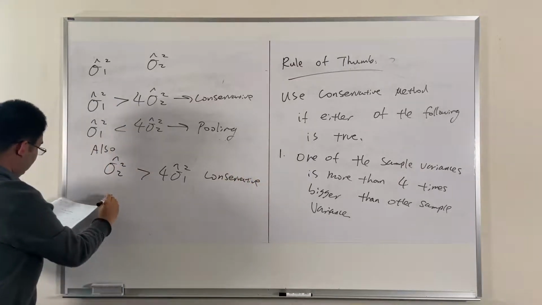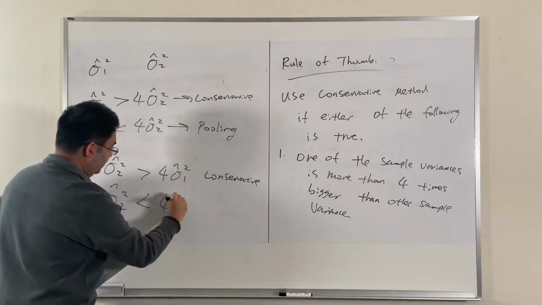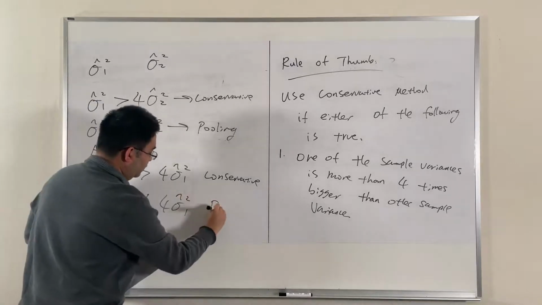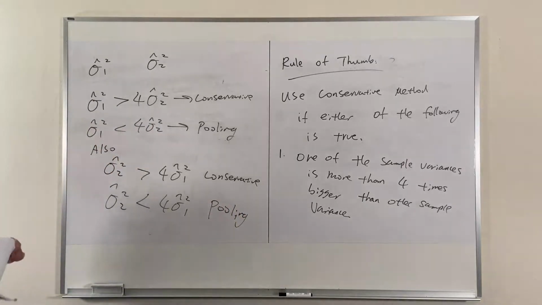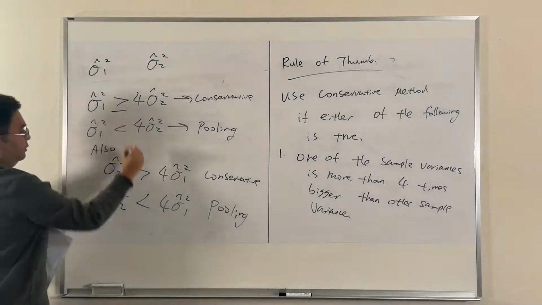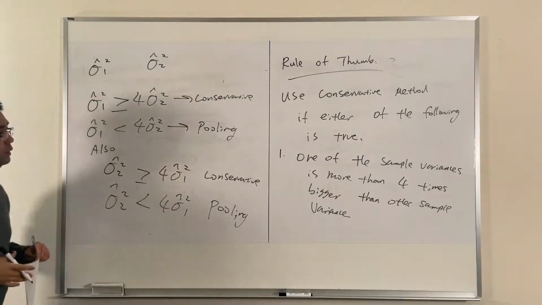If sigma 2 hat squared is less than 4 times sigma 1 hat squared, then in this case you will use pooling. So it depends on what situation you are in. If it's greater than, then you're conservative. If both are less than, then you're going to use pooling.